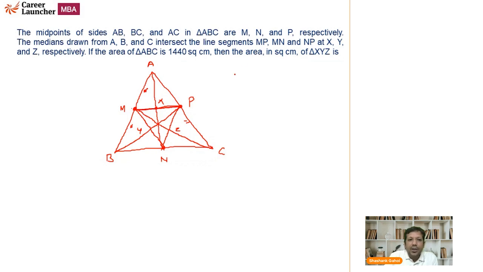So what is the area of triangle MNP? That is going to be 1/4 of the area of triangle ABC. So how much is it going to be? 1/4 of 1440. So that comes out to be how much? 360. Now I'm talking about MNP.